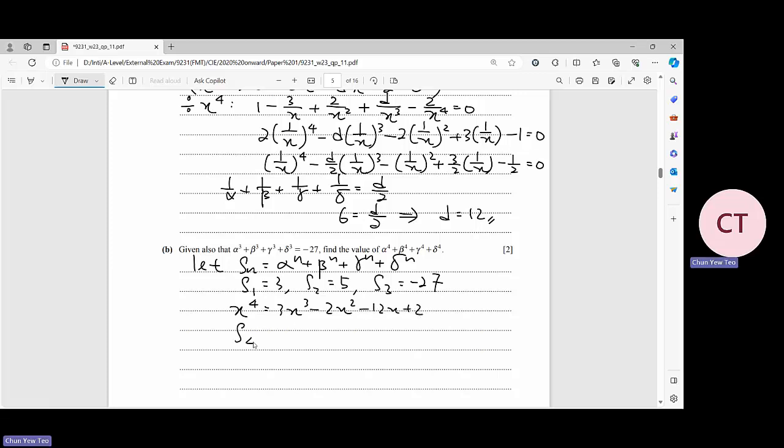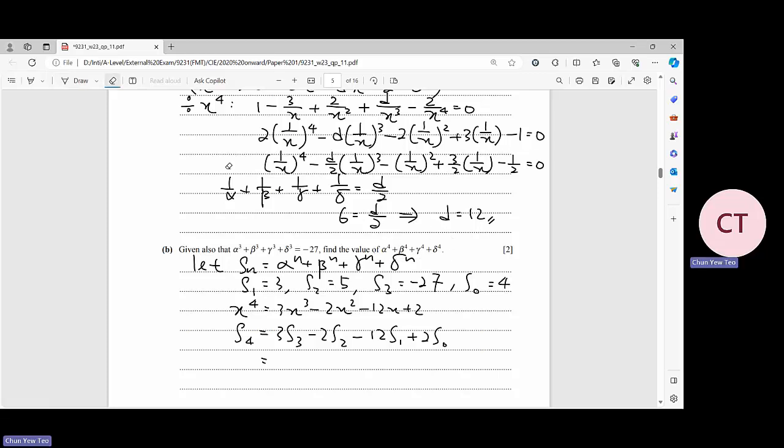Then you are having S4 equal to 3S3 minus 2S2 minus 12S1 plus 2S0. Oh, by the way, S0 is equal to 4. So this is your S4. Okay, this is your S4.